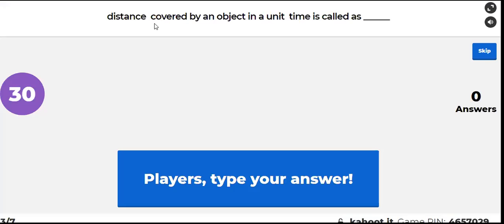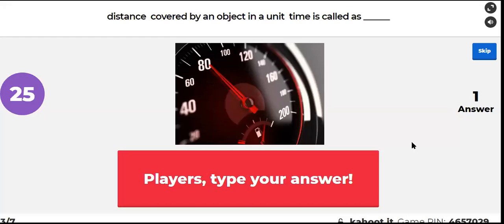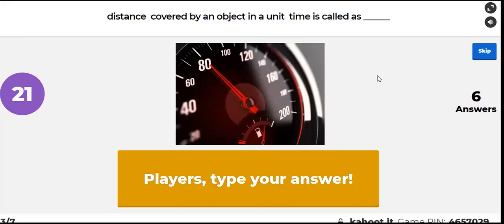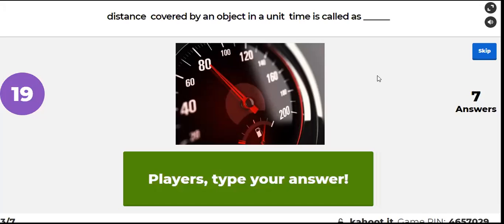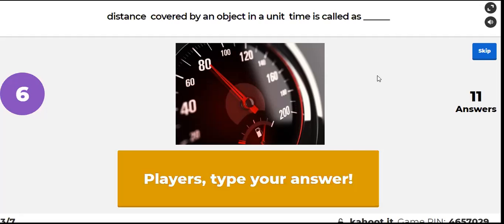Distance covered by an object in a unit time is called. Very good, Vishka. Correct. Very good, Aditya. Very good, Esther. Correct.